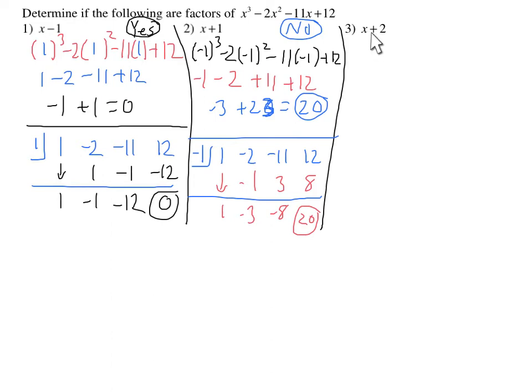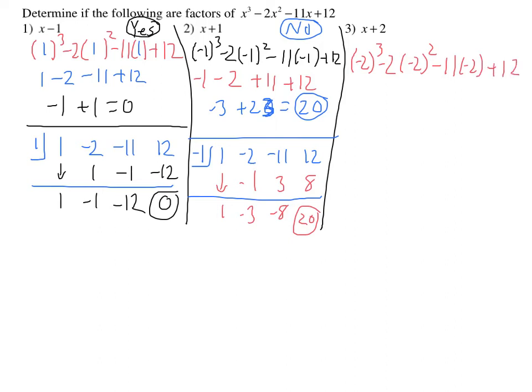So to do this, we're going to plug in -2, because what would have made this 0 is -2. So let's plug it in. We have -2 cubed minus 2 times -2 squared minus 11 times -2 plus 12.